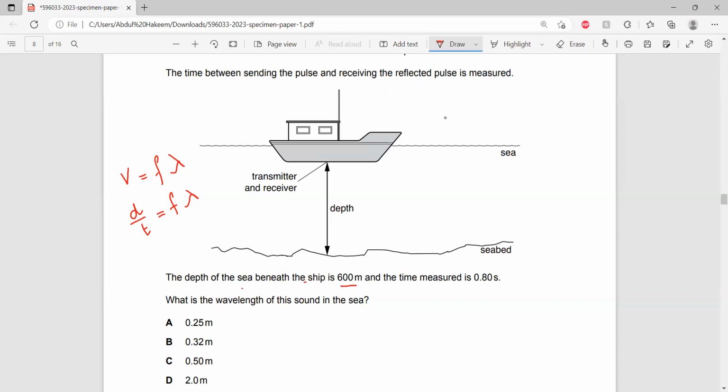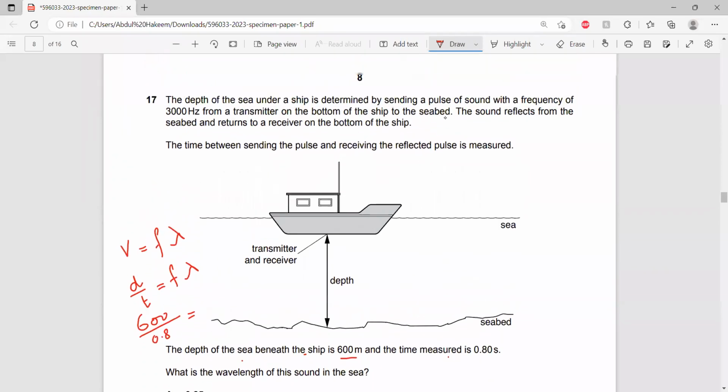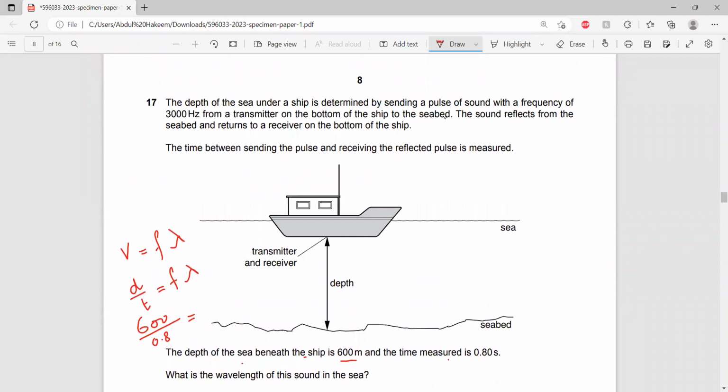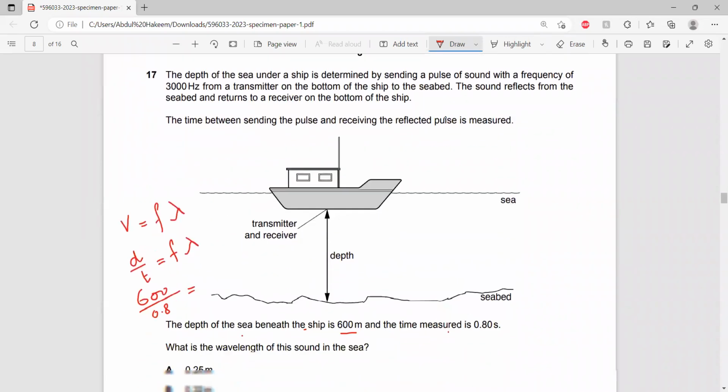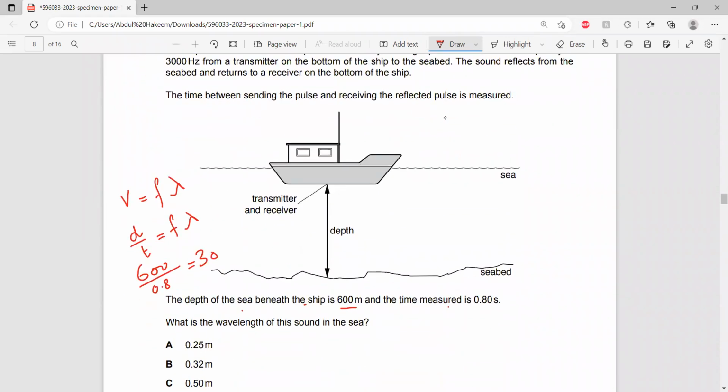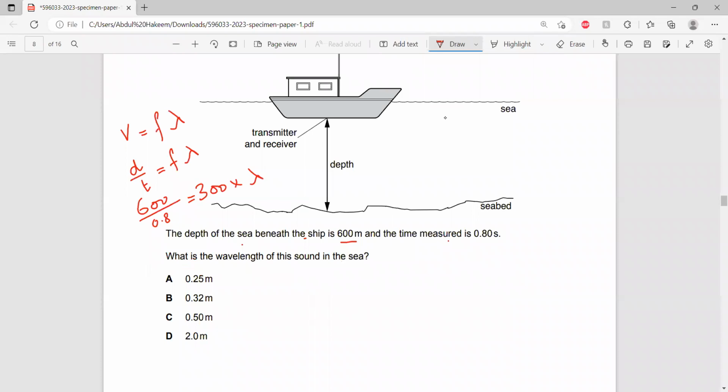So we will write here 600 divided by this 0.8. Frequency is given here, it is 3000, multiplied by wavelength. What is the answer?